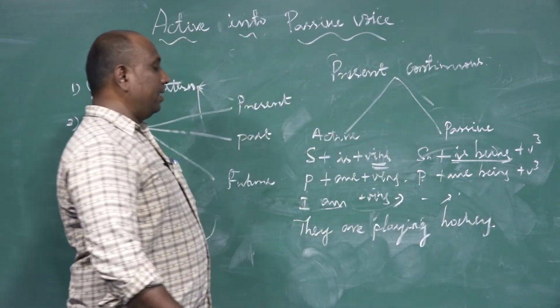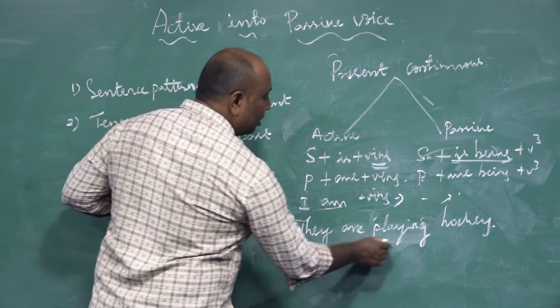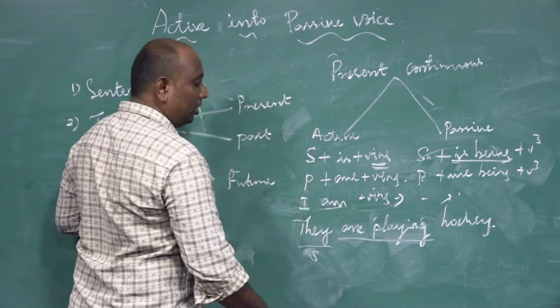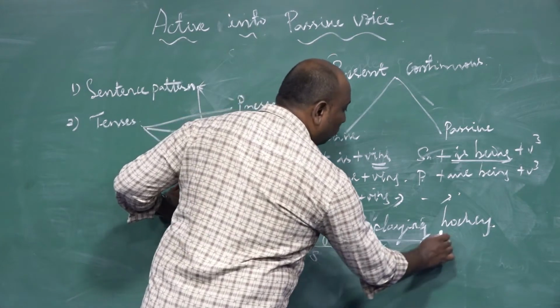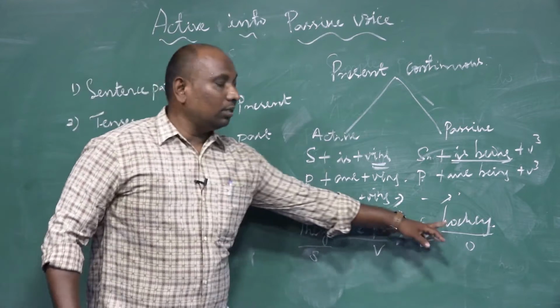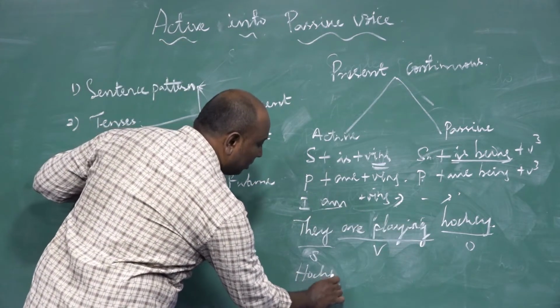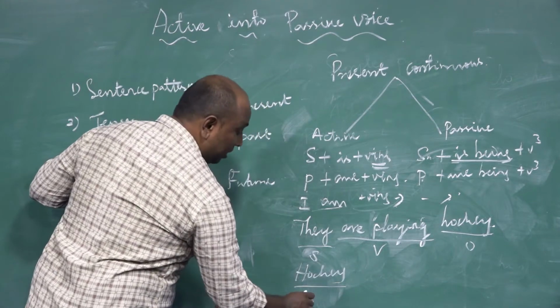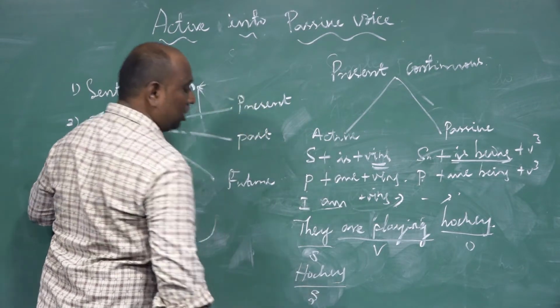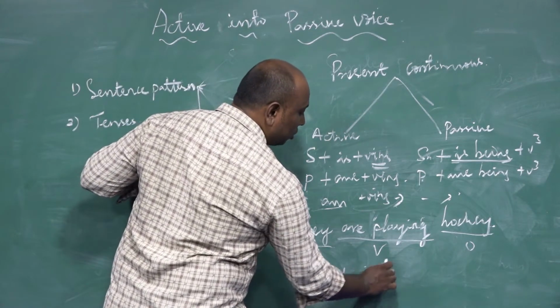Look at this line: they are playing hockey. So "they" is the subject, "are" plus verb plus ing is the verb, and "hockey" is the object. The object will come into the subject place. We have to find out whether it is singular or plural. Hockey is singular.